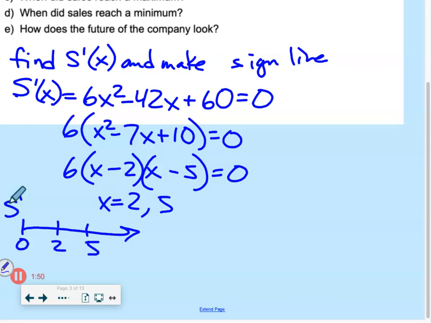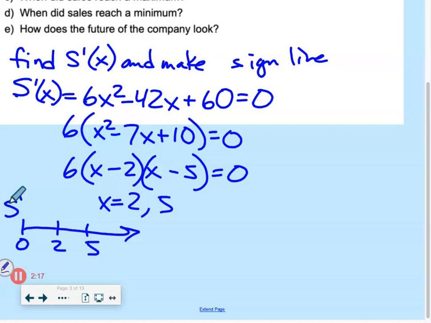Whenever you make a sign line, it's good if you label your sign line. Today we're going to do problems where in one problem you're going to have multiple sign lines, and each sign line is going to be for a different thing. So you don't want to get your sign lines all mixed up. The label helps you, number one, keep track of which sign line is which.